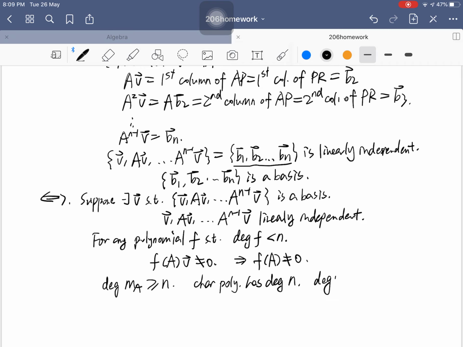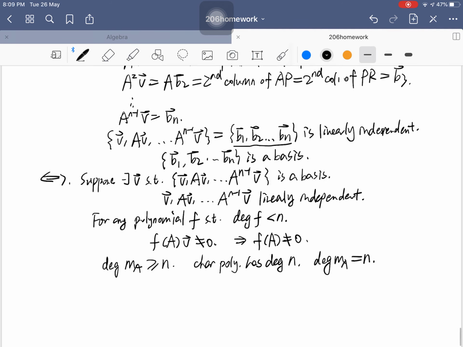So the degree of the minimal polynomial is exactly n. So this implies that the minimal polynomial equals the characteristic polynomial, because it should divide the characteristic polynomial. And that's the proof for this question.